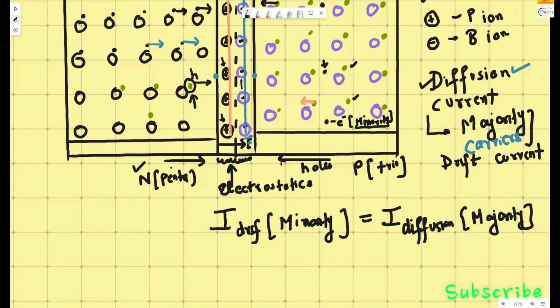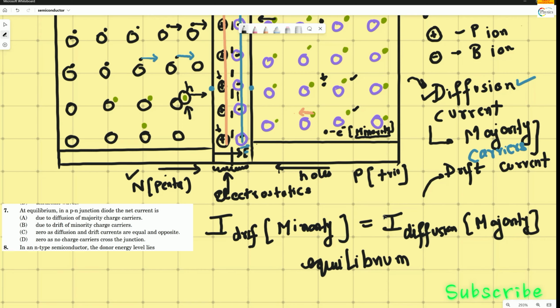This is the situation of equilibrium. And so we have understood the word equilibrium.